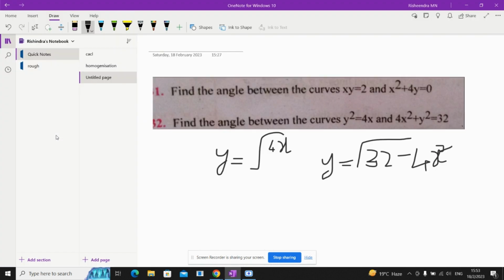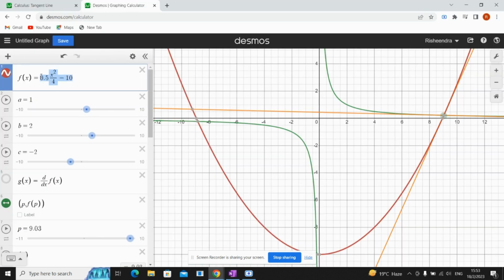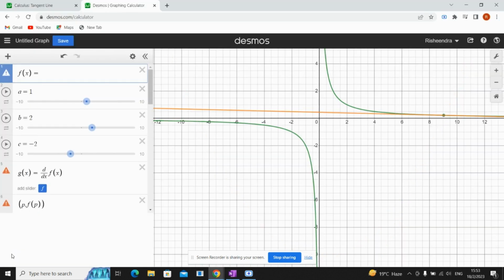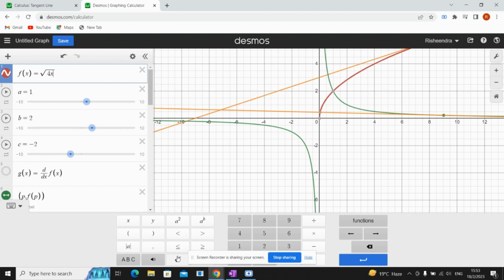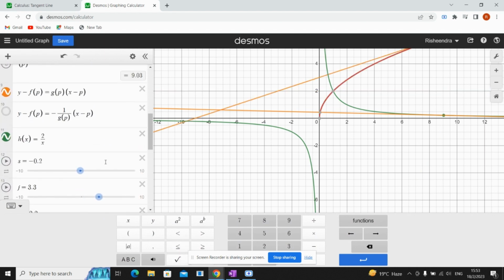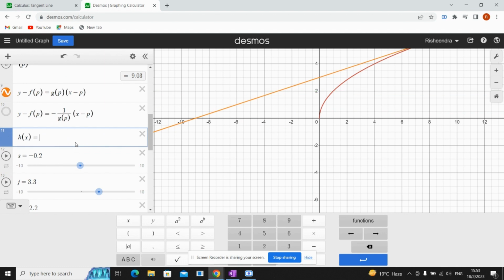See, what is the first one? Root 4x, and the second equation, h of x, be root of 32 minus 4x square.